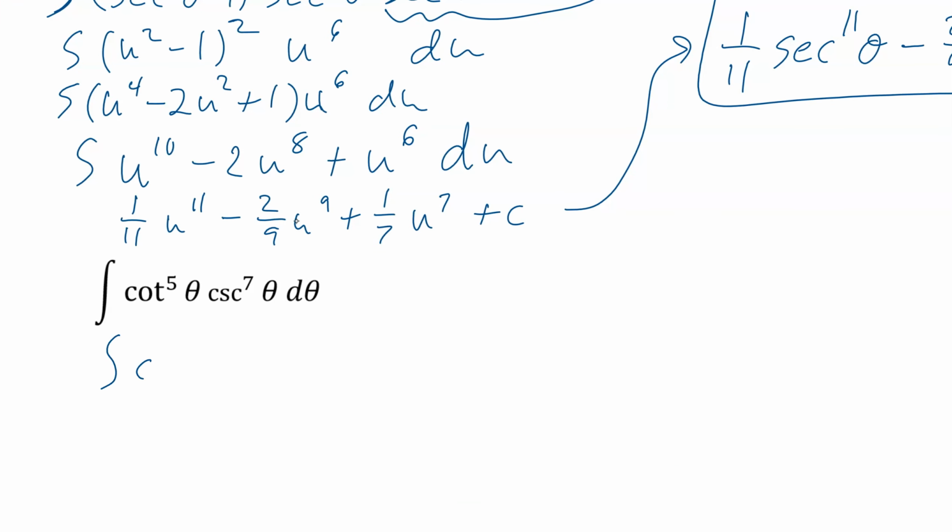So we end up with cotangent to the 4th theta, cosecant to the 6th theta, cotangent theta, cosecant theta d theta.